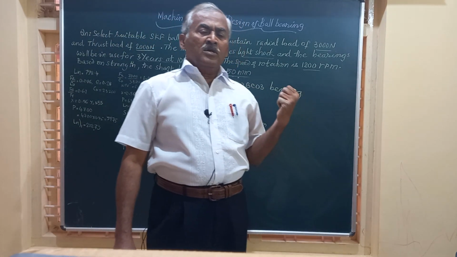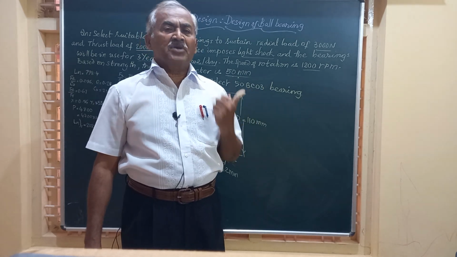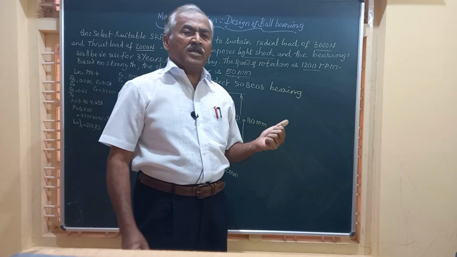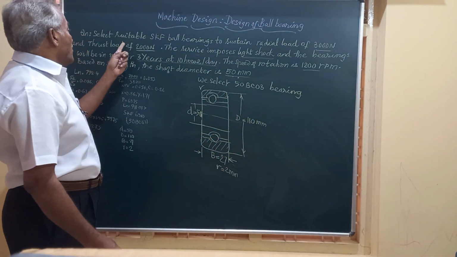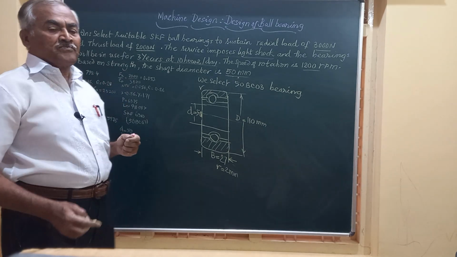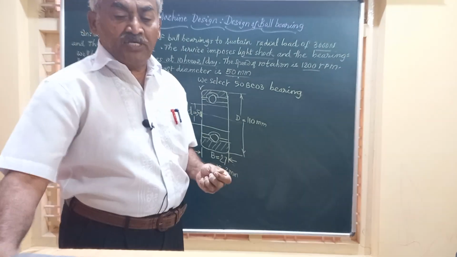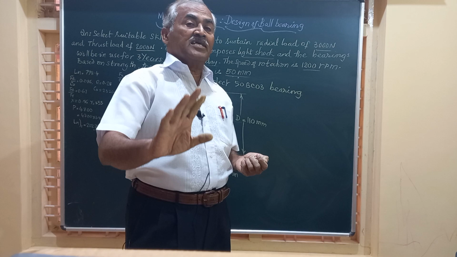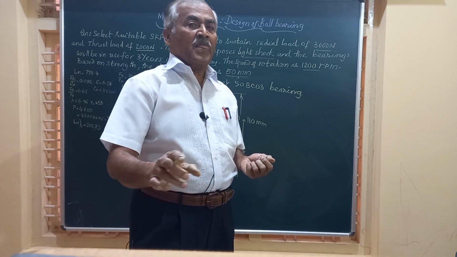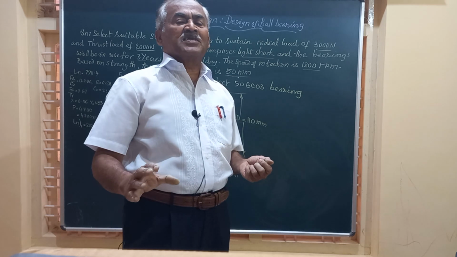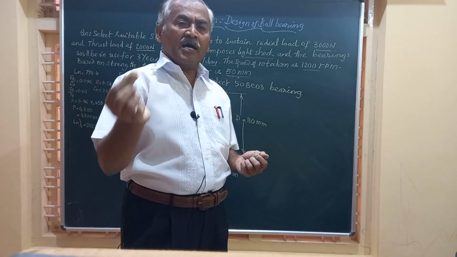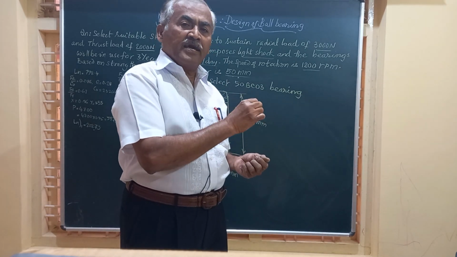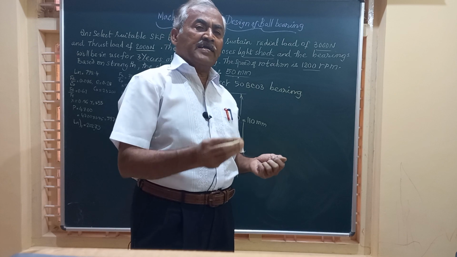Friends, suppose even after trying the second bearing, that is 50 BC 03, you get a value lesser than the required 798.4, then you have to repeat the procedure taking 50 BC 04, the last bearing, the heavy series. I am very sure one of these three, either 02, 03 or 04, will give you a life equal to or greater than the required life.